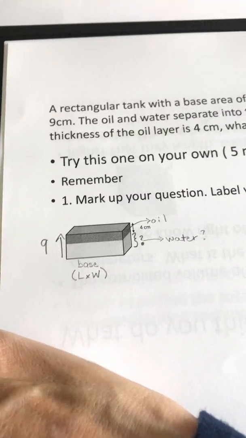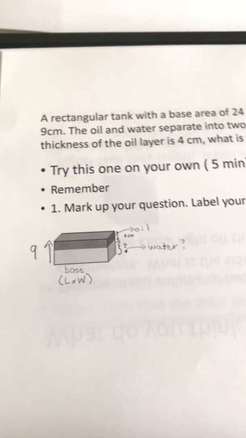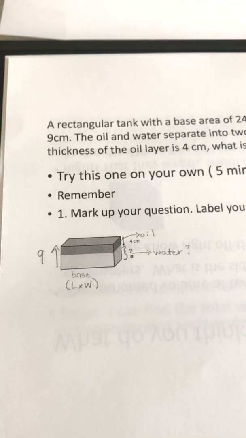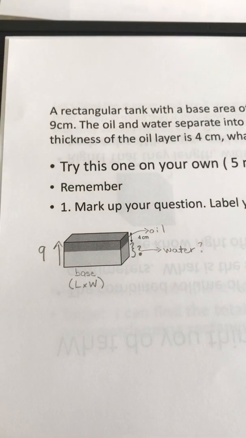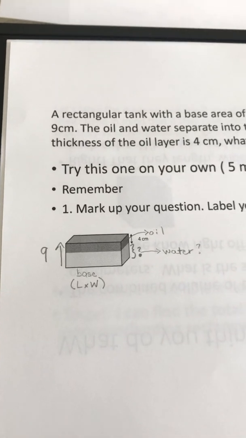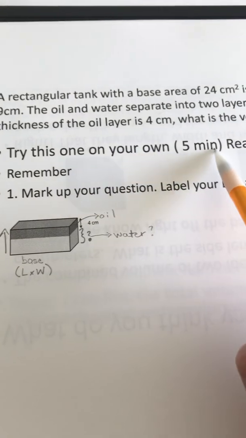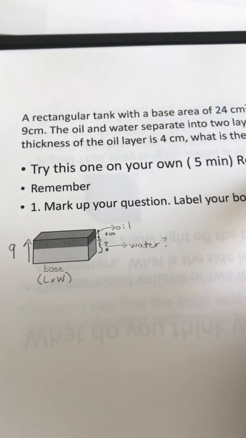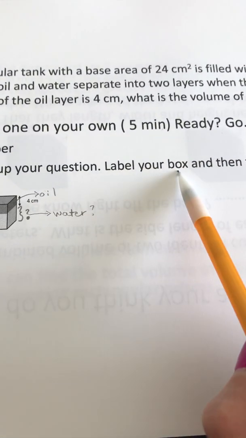Okay, this is a little trickier, and I'm going to walk you through how to label it. And then you boys and girls can try to figure this out on your own. It says try this one on your own. I'm going to give you 5 minutes. And I'm going to have you mark up your question, label your box, and then figure out how to solve it.